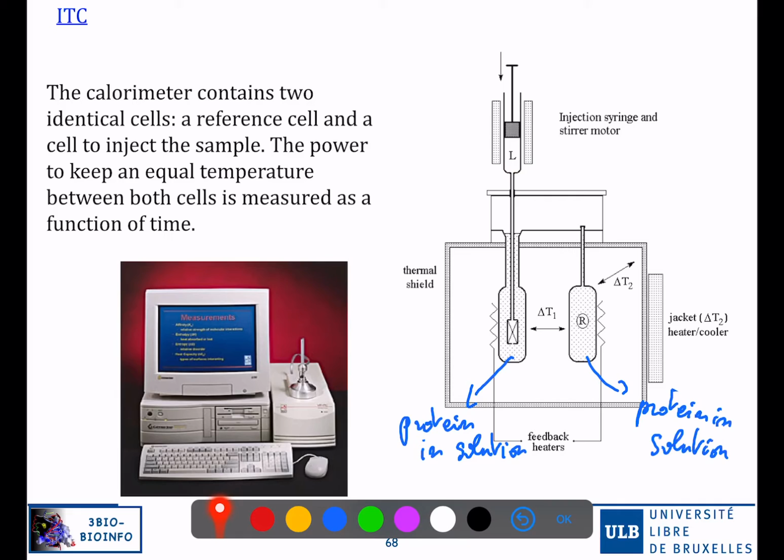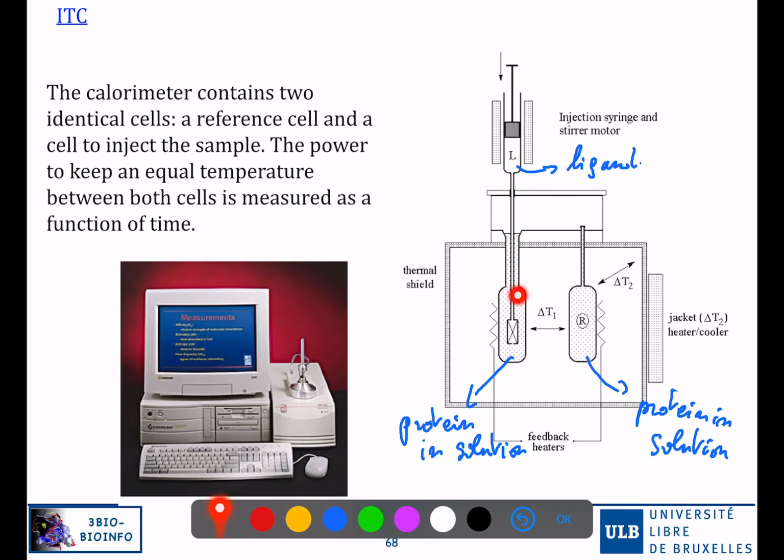And here you have the ligand that you will inject in this cell. And here your aim is to study the protein ligand interaction, and what you will do first is to inject here the ligand.